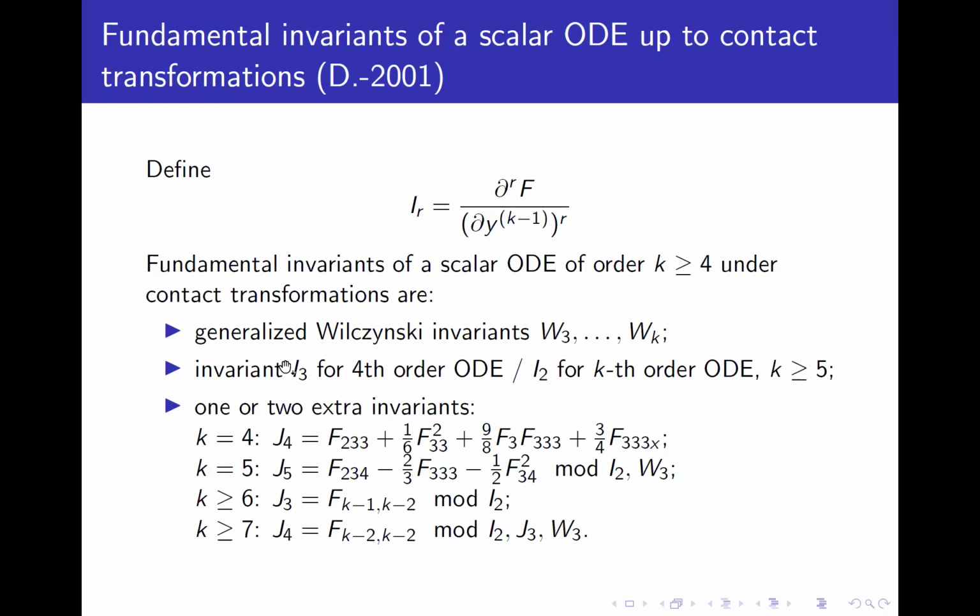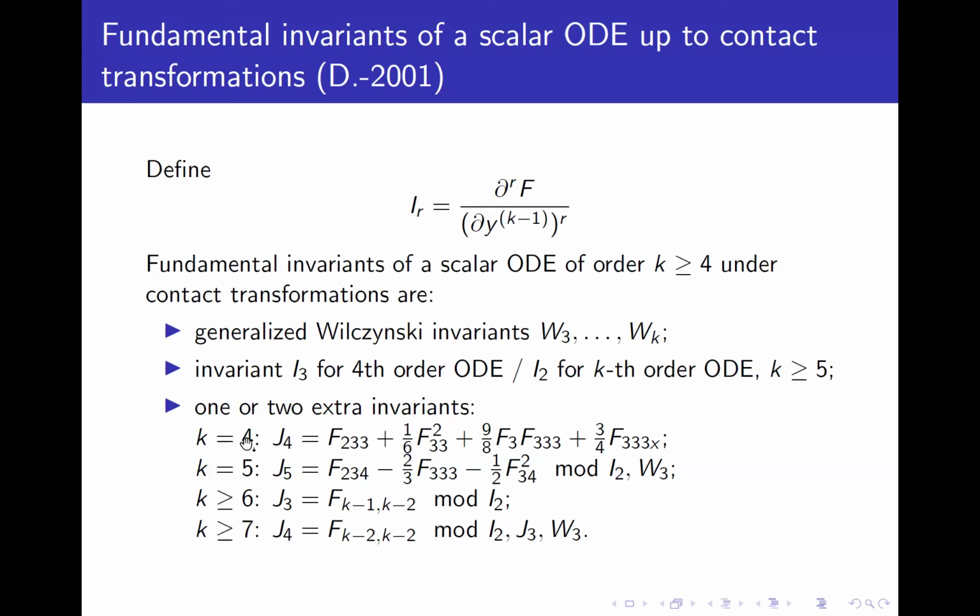Then it turns out that I3, so 3 derivatives, is an invariant for 4th order ODEs. Starting from 5th order ODEs, it's sufficient to take just 2 derivatives, and this I2 becomes already a relative invariant. And then we just need 1 or 2 extra invariants that form the system of fundamental invariants.